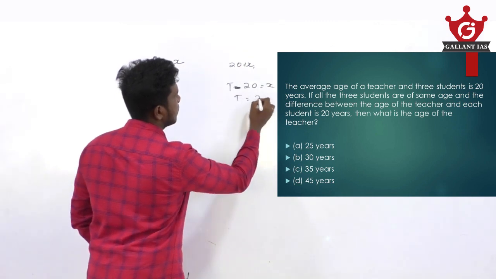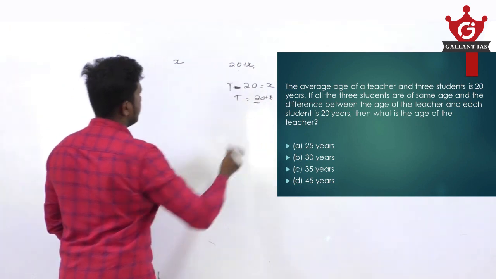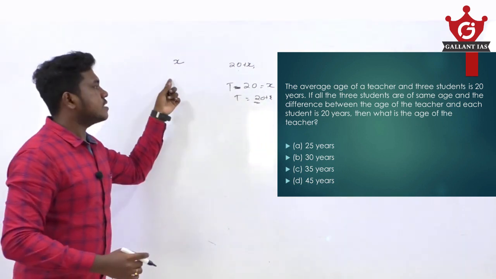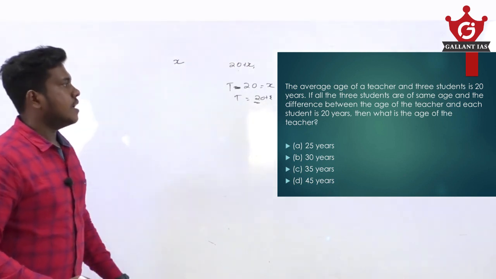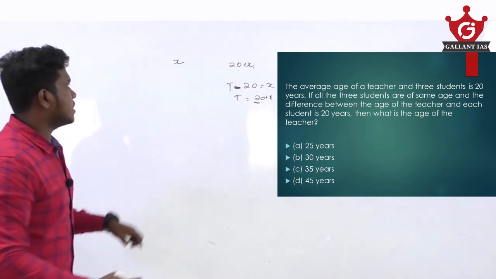So the teacher's age is 20 plus X. That's what I have written here. We assume each of the 3 students is X, we got the teacher's age as 20 plus X, and the average is given as 20 years, and we need to find the age of the teacher.